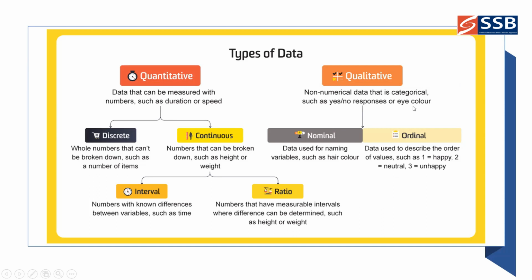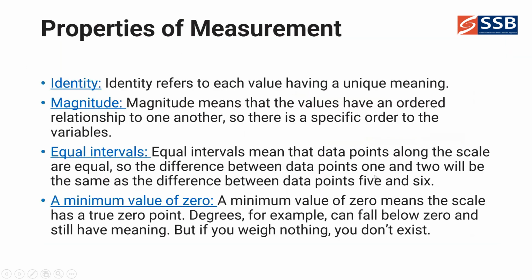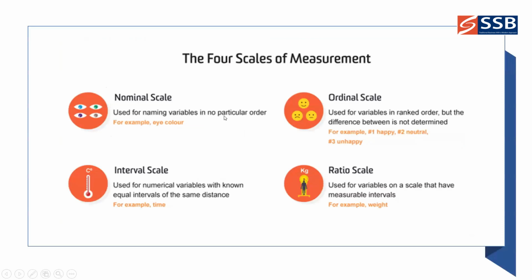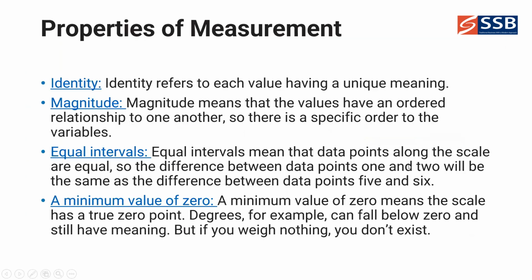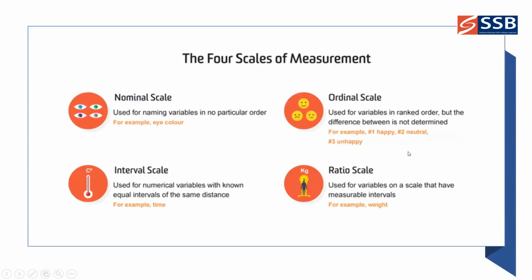Or your hair color, black, gray. You have different colors. So they are qualitative in nature, and when you're talking about the scales, they have an identity. The nominal scales or the ordinal scales have identity.